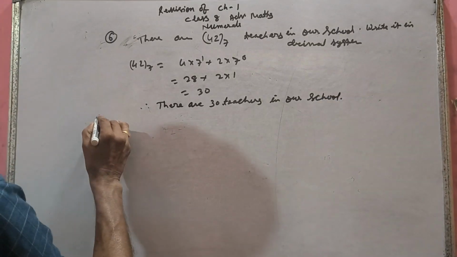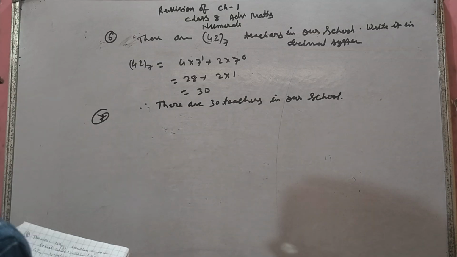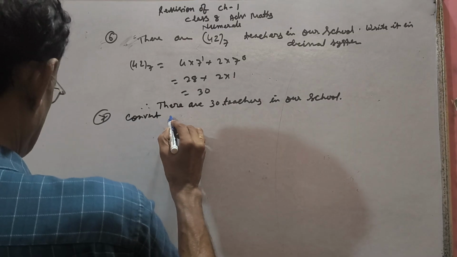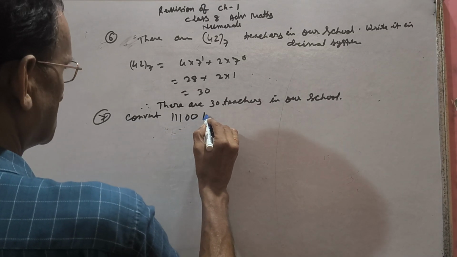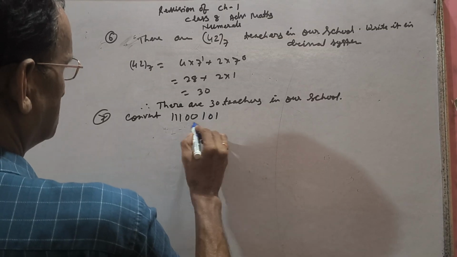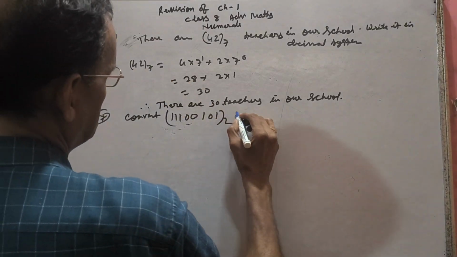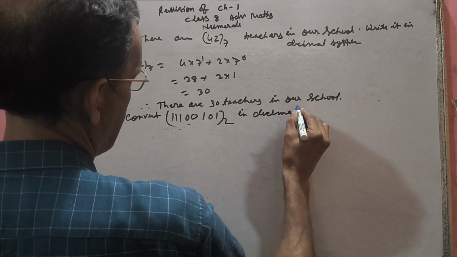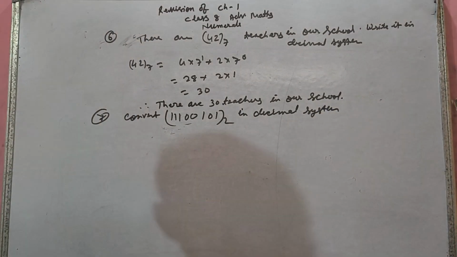Okay, then number 7. Convert 111000101 base 2 in decimal system. We are doing each type of sums.